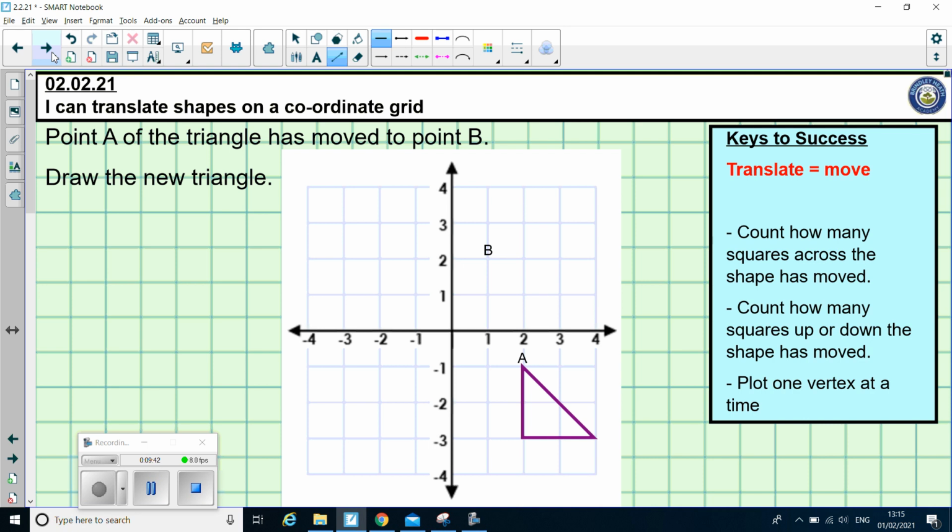You could print them out if you have a printer and have a go at this question, or you could simply pause the video and have a think about where this triangle will move, and I will go through the answer in a minute. Okay, you will all have the opportunity to have a go at these questions on maths.co.uk anyway. Okay, so pause the video now, have a think or have a go at home, and then come back and watch the answer.